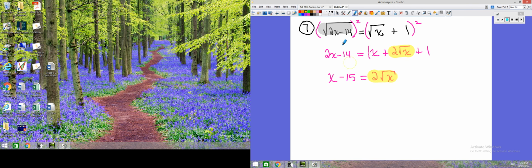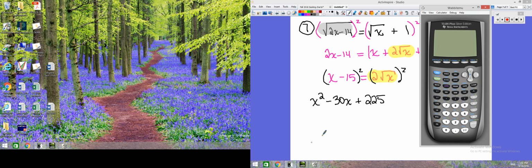All right, so let's square both sides of this equation to get that. And each time that we're squaring these, we're introducing the possibility of extraneous solutions. You have to remember, you got to check your answers. You got to check your work with the original equation. So I've got x squared minus 30x plus 225.